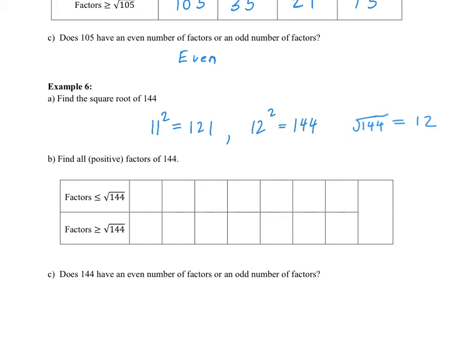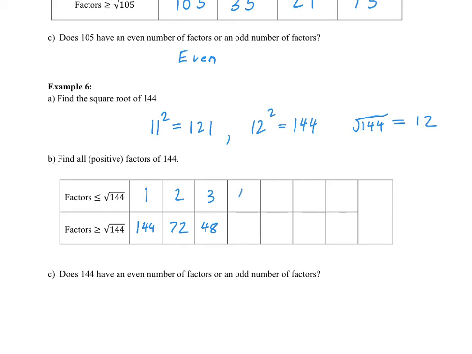Okay, now we'll look for all the positive factors of 144. So just like above, we get 1 and 144. And this time we do have an even number, so we have 2 and 72. If you try dividing by 3, you get the factors of 3 and 48.